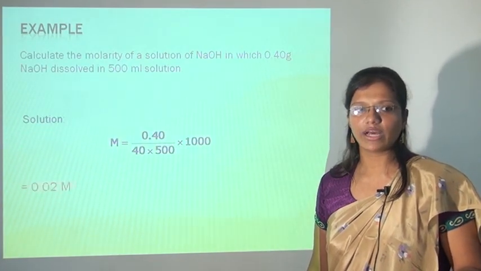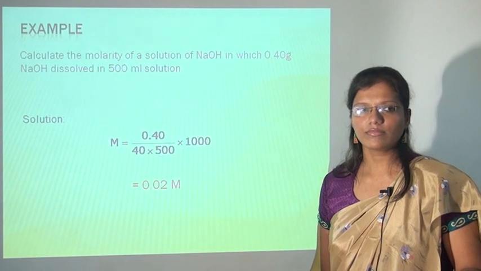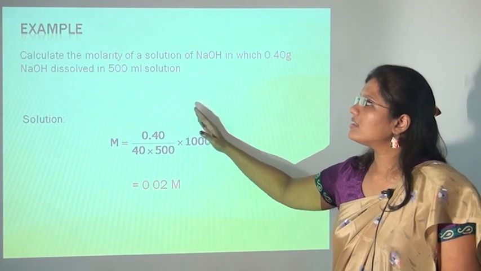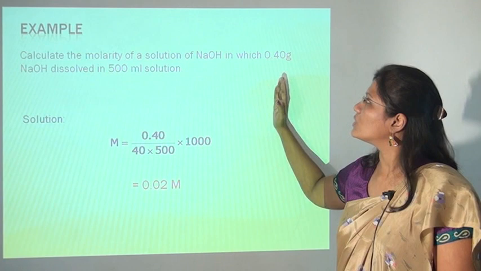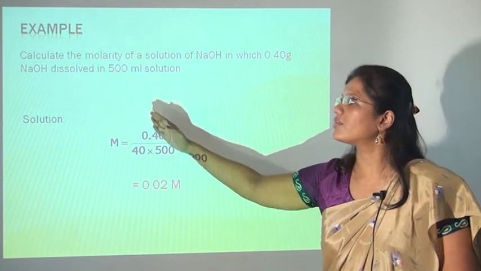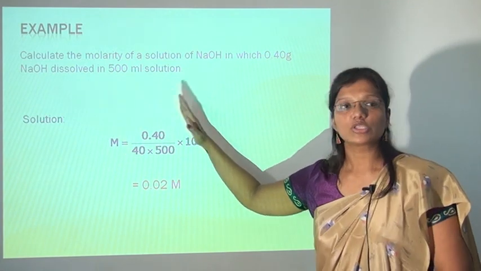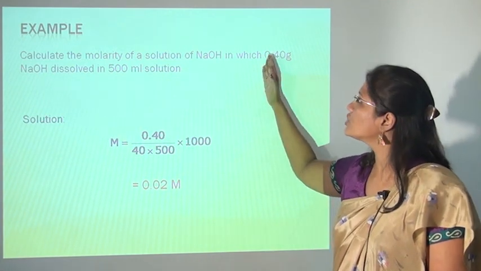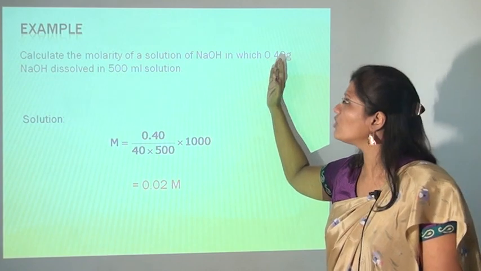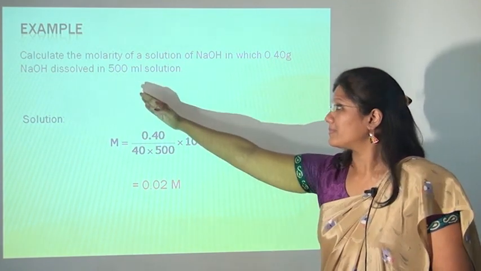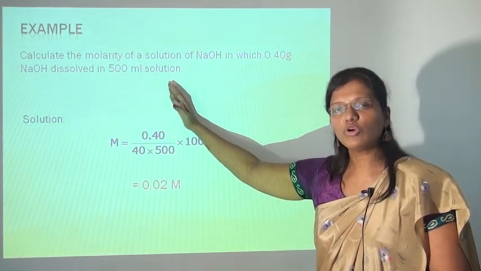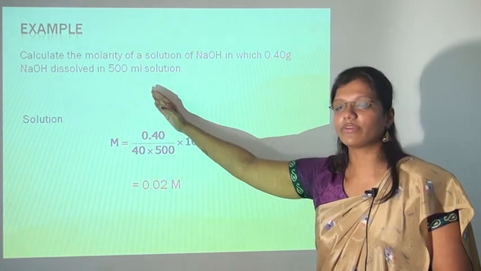Now, an example of molarity. Calculate the molarity of a solution of NaOH in which 0.40 grams of NaOH is dissolved in 500 ml of solution. Here you are given 0.40 grams as the mass of solute, and 500 ml as the volume of the solution.